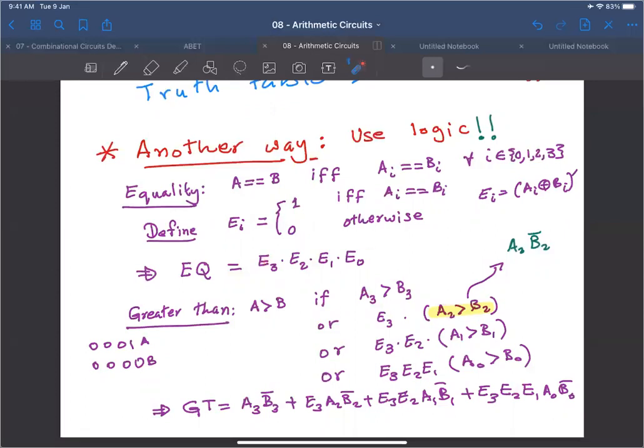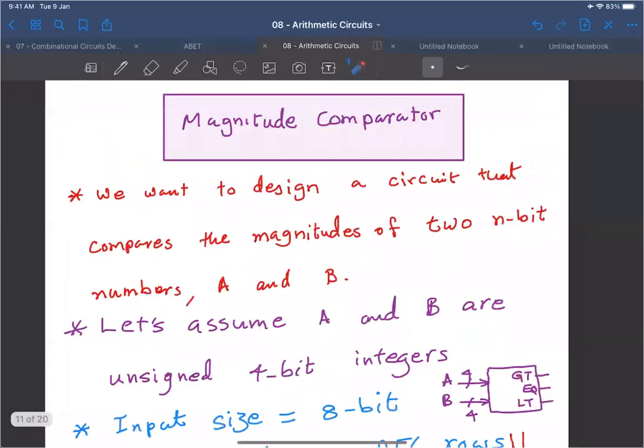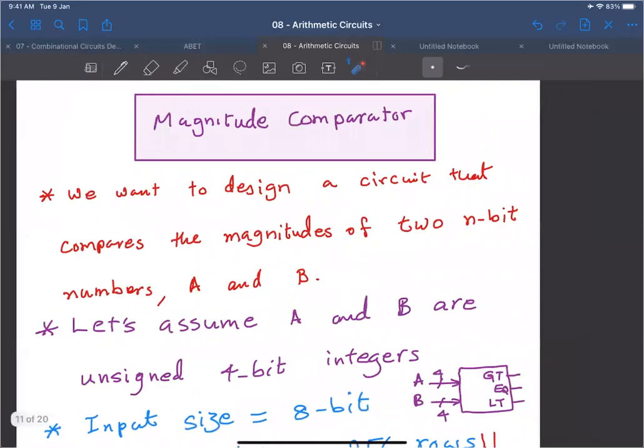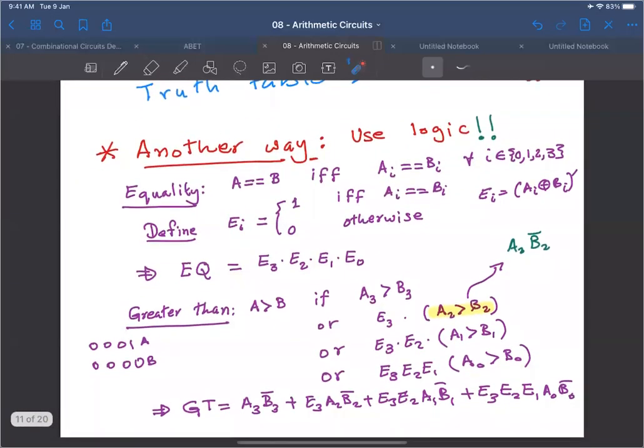If I just expand this into this expression, you'll see that EQ is also big. This is a disadvantage of the first approach: it produces complicated expressions for each output signal.